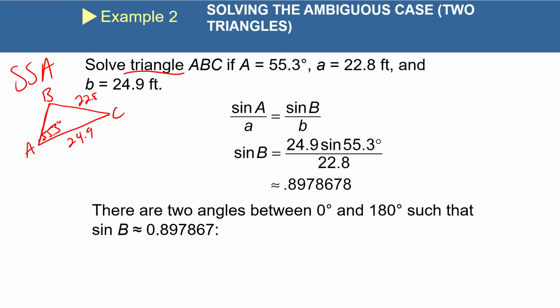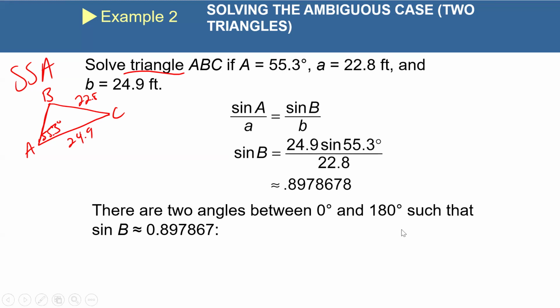So there are two angles between 0 and 180 that satisfy this equation, which makes sense because sine is positive in quadrant 1 and quadrant 2, which is from 0 to 180. Does that make sense? So we're going to find the first one, and then we'll find the second one.